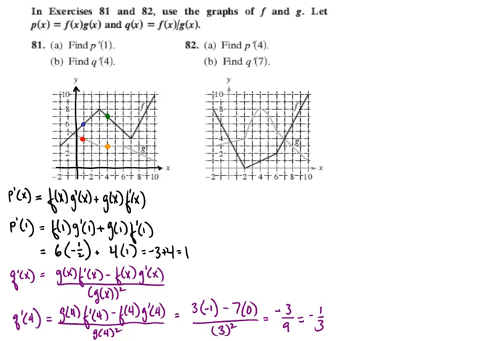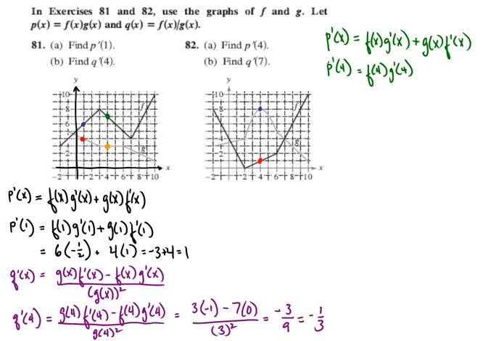And we'll go on and do the same thing with problem 82, where we have two other graphs, f and g. And here we're looking for p prime of 4 and q prime of 7. P prime of x is the first function times the derivative of the second, plus the second times the derivative of the first, and p prime of 4 will use the slopes and the values of the functions f of x and g of x at the points where x is equal to 4.